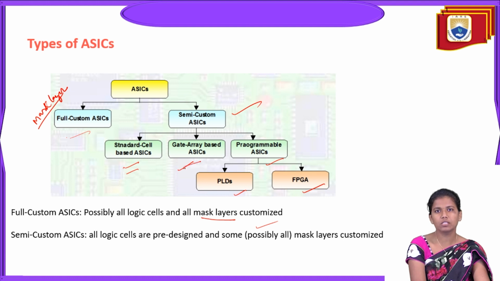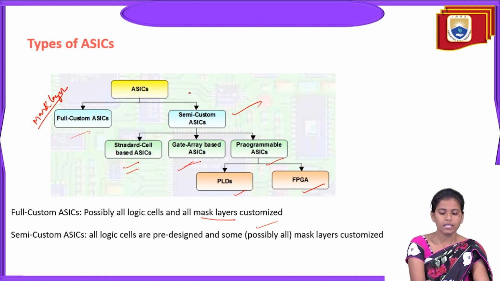Gate array based ASICs are based on different types of gates, and we can design a particular circuit based on gate arrays. The array of different gates can be arranged in a proper manner, and connecting, routing, placing and so on can be given to it. With the help of EDA tools, we can model a particular circuit. And then finally, programmable ASICs.